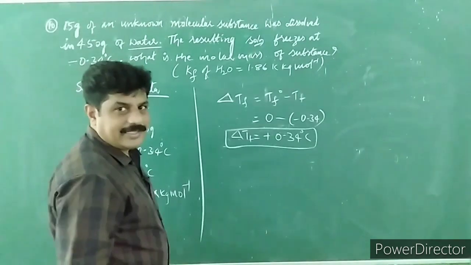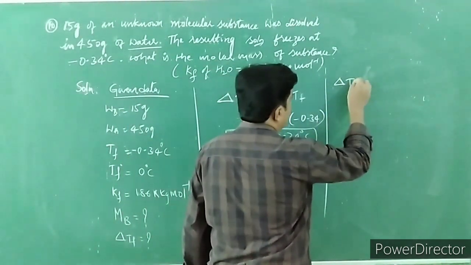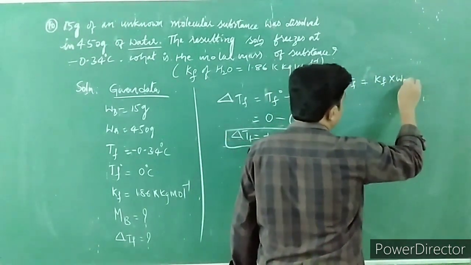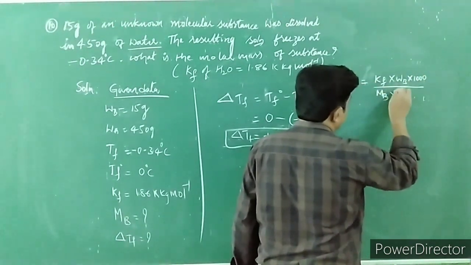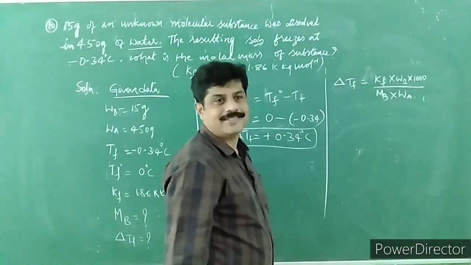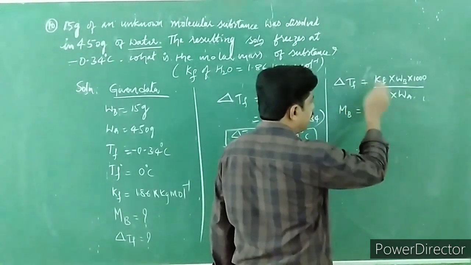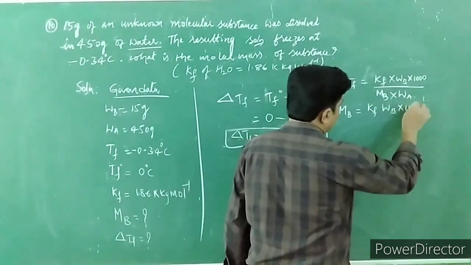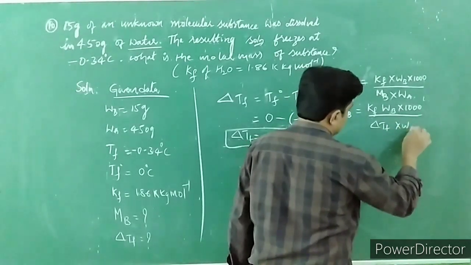Once you get delta Tf, let me go for finding molar mass. Delta Tf is equal to Kf into Wb into 1000 upon Mb into Wa. Is it not? Children, substitute the value here. Now what are you supposed to find out? Mb. So I reshuffle the expression here: Mb is equal to Kf into Wb into 1000 upon delta Tf into Wa.